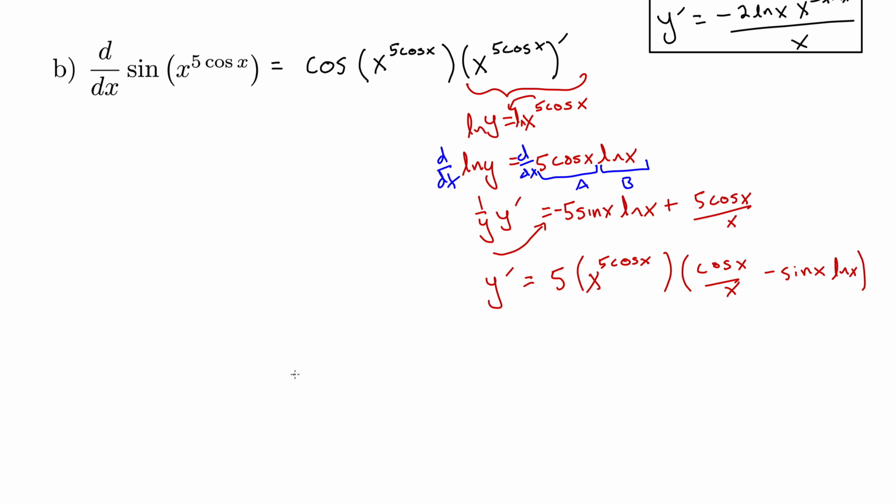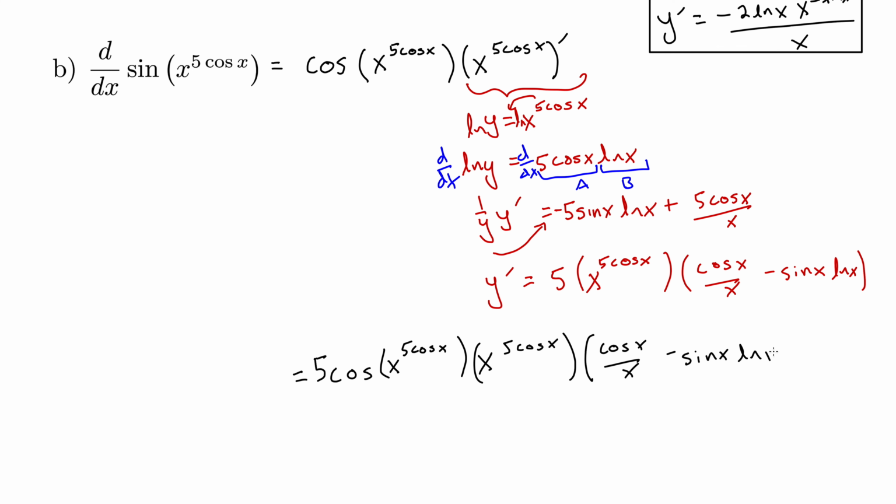So then our final answer is cosine of x to the 5 cos x, right, times all that stuff I just circled. Well, I'm going to bring this 5 out to the front. So then we have 5 times cosine of x to the 5 cos x times x to the 5 cos x, times all this other stuff, cos x over x minus sine x natural log x. That was a non-trivial derivative.